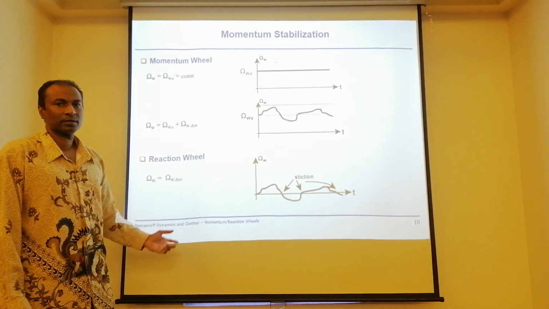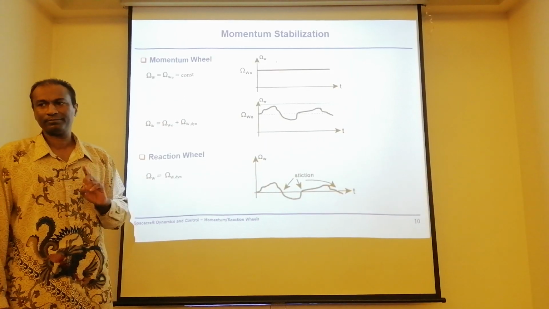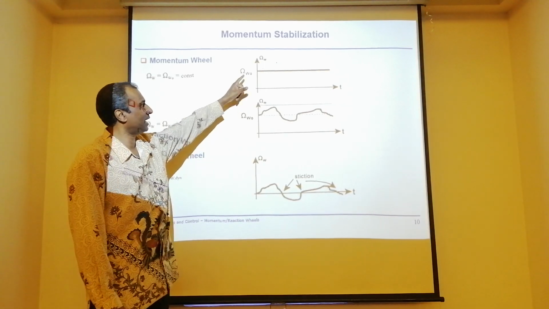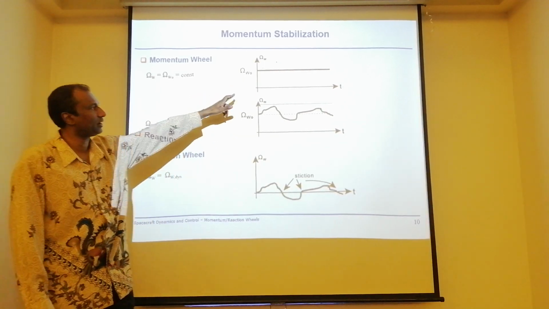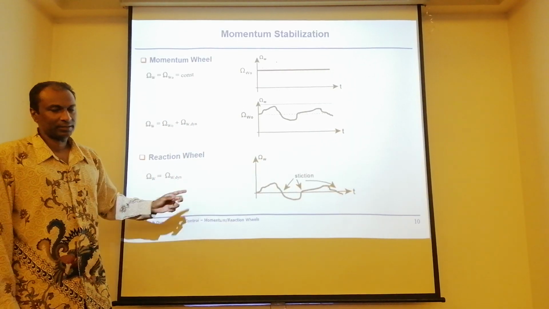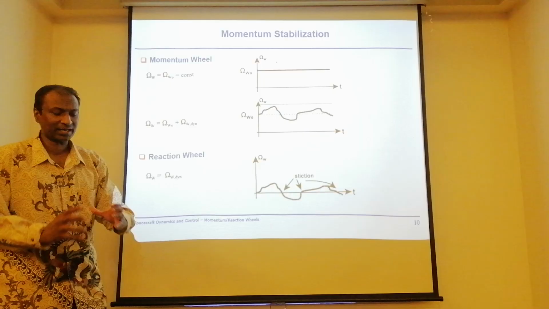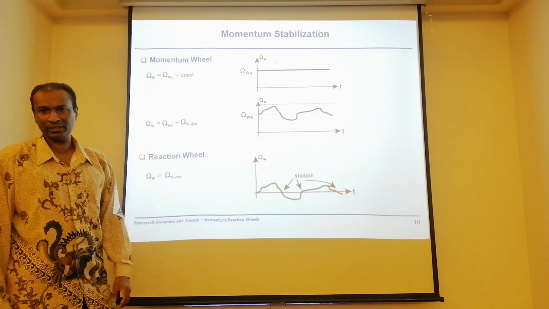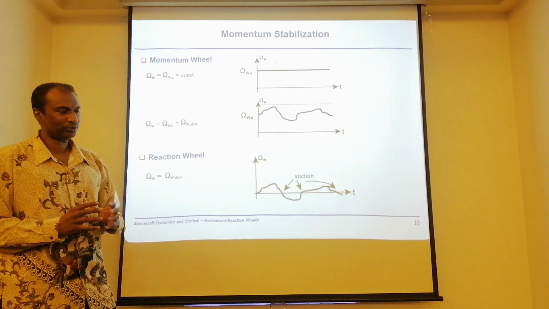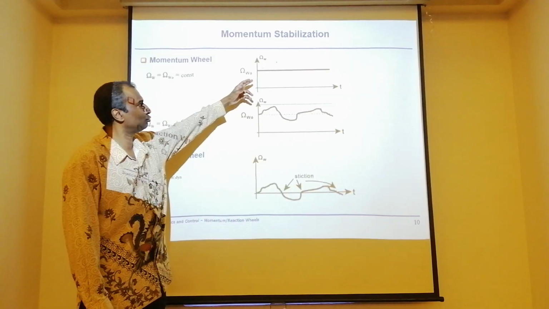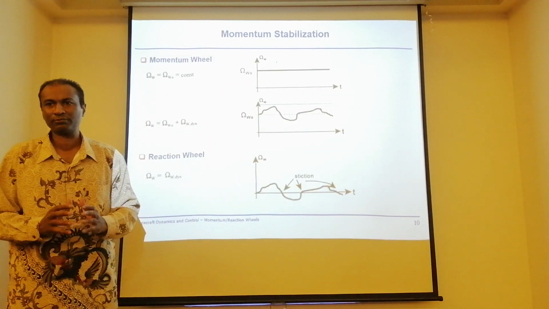Reaction wheel, you can't have both. You can't have a bias momentum. Why? Normally the reaction wheels are smaller compared to momentum wheels. So therefore, you don't have much inertia to produce the exact bias momentum.